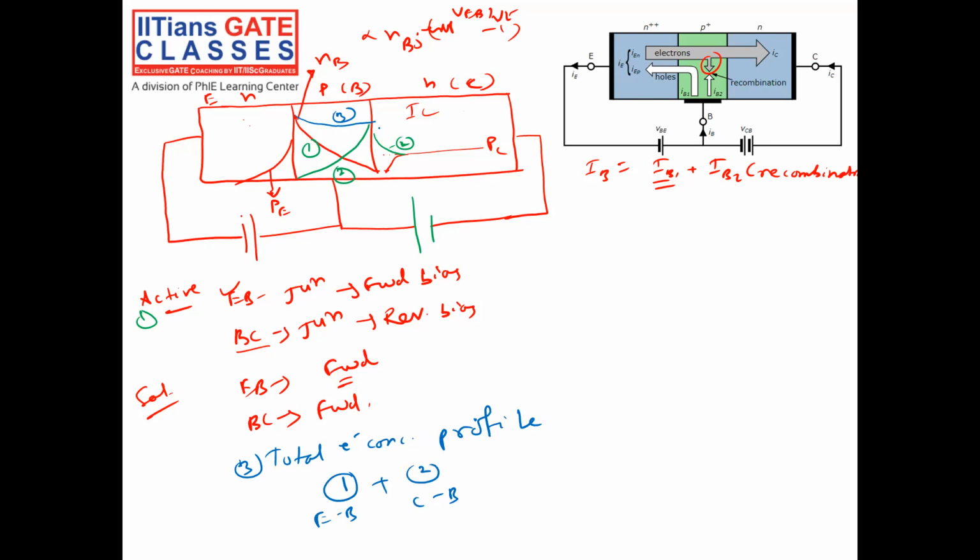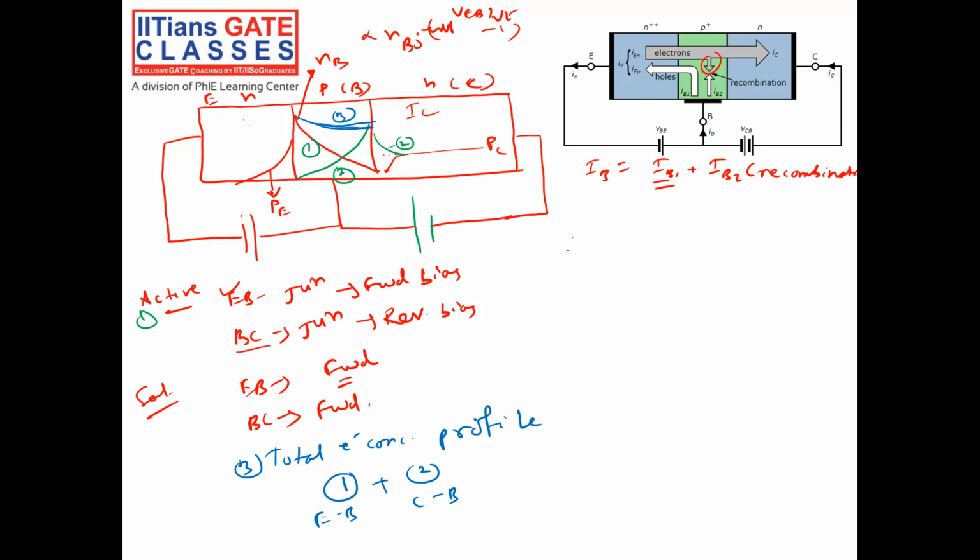But then you see what is happening. In active region the concentration gradient is large, but because of saturation the concentration gradient is decreased. So it is very much decreased. Since it is decreased, the diffusion force also decreased.